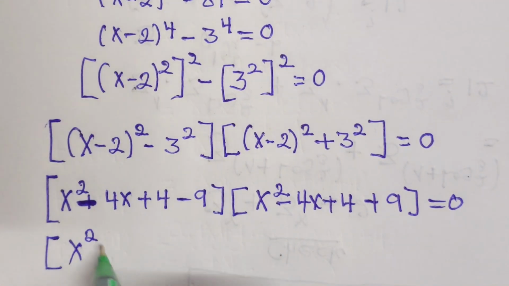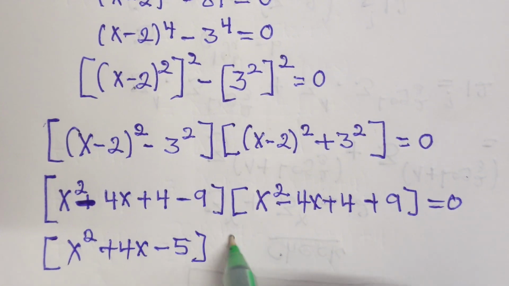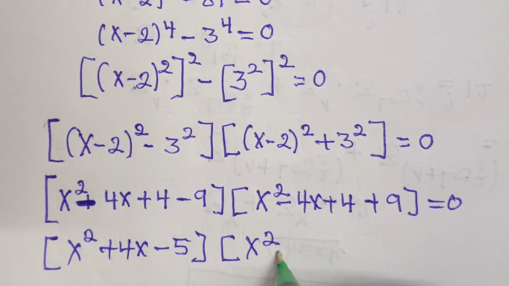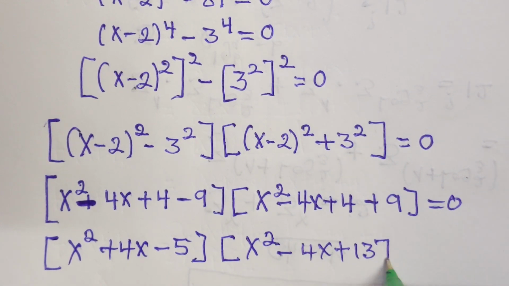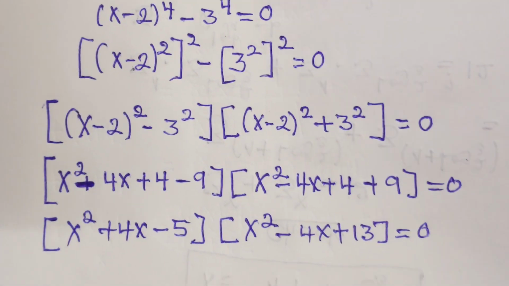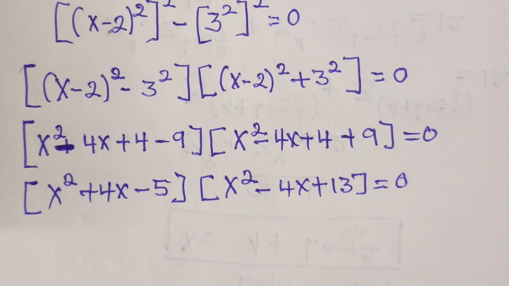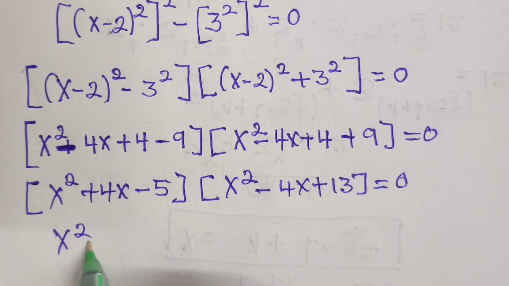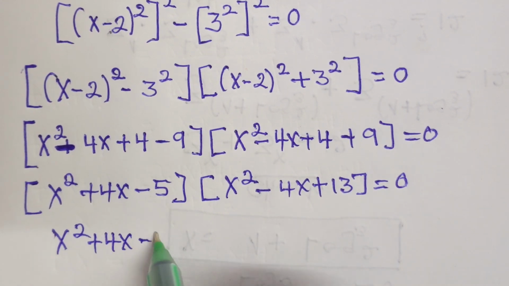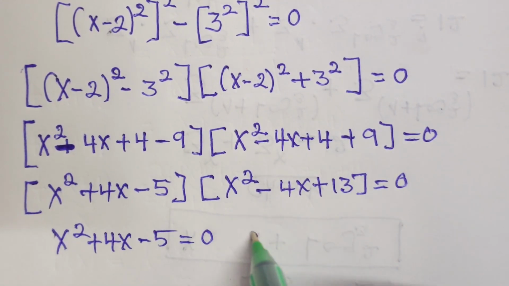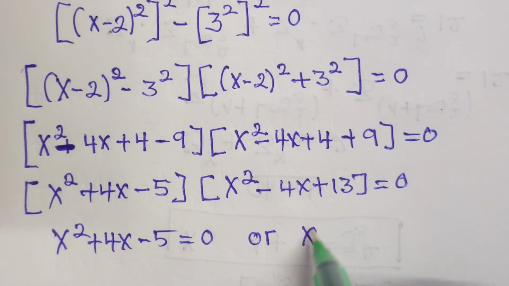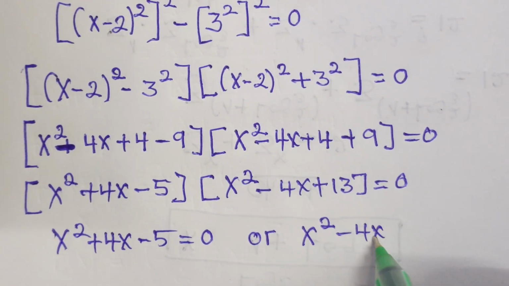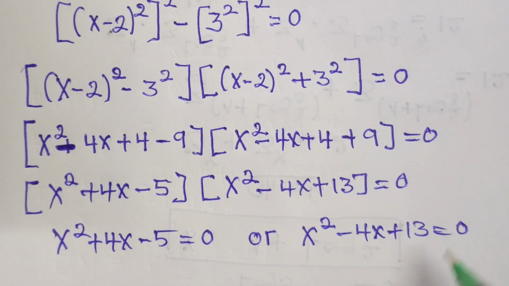Then x squared plus 4x minus 5, and here x squared minus 4x plus 13 is equal to 0. Okay, so this is a quadratic equation and this is a quadratic equation. So our x squared plus 4x minus 5 will be 0, or x squared minus 4x plus 13 will be equal to 0.